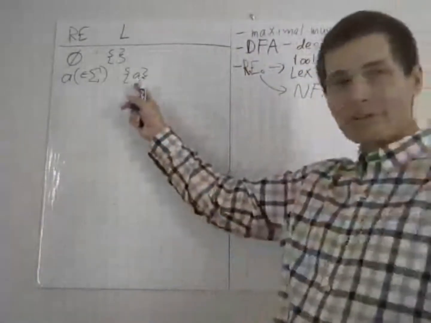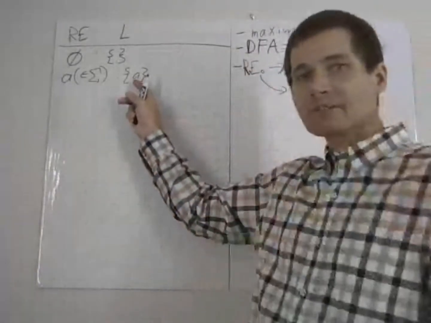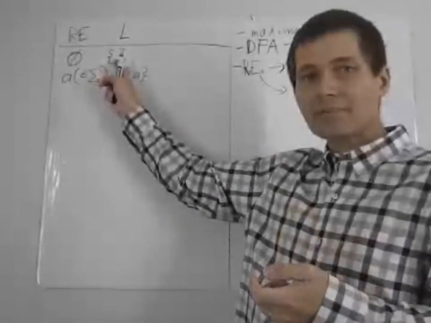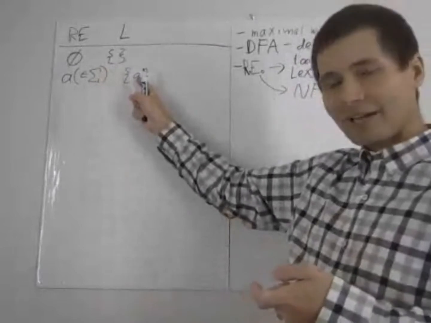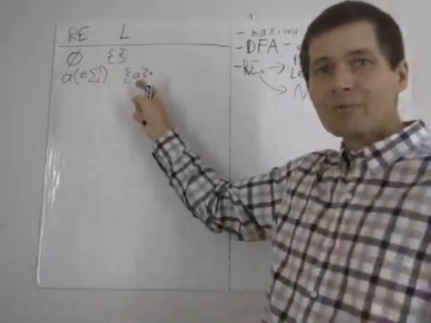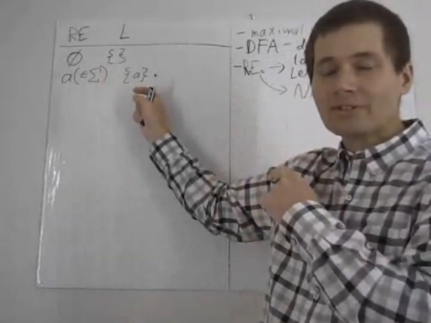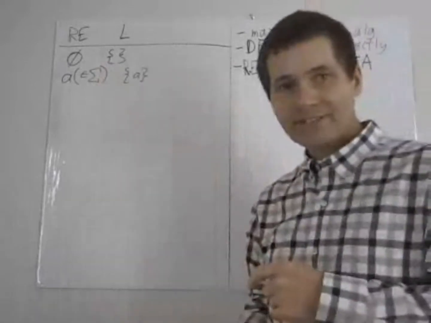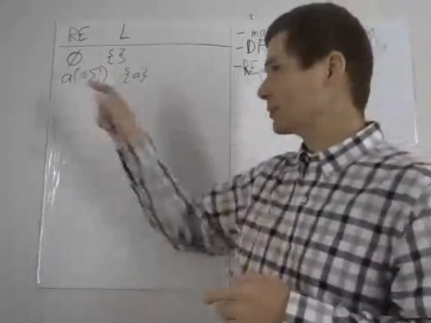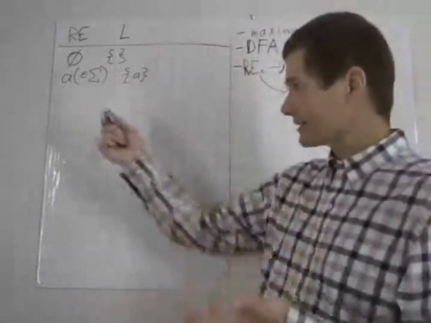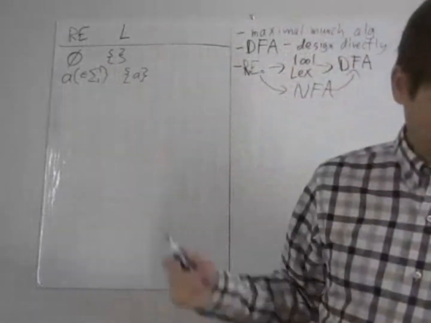So remember, language is a set of words. This is a set that has one word in it. That was a set that had 0 words in it. So a set that has one word in it, that word has one symbol in the word. So word is a sequence of symbols. That symbol is A, and that's that symbol from the alphabet. Okay, so A, for any symbol A in the alphabet, that's a valid regular expression.